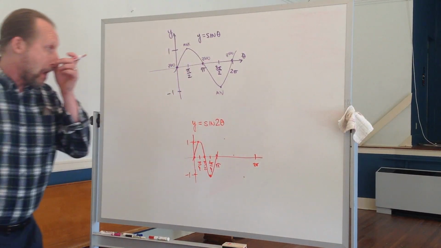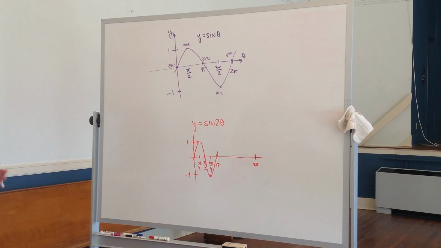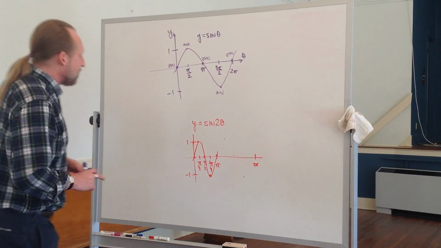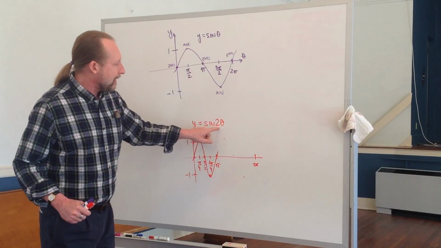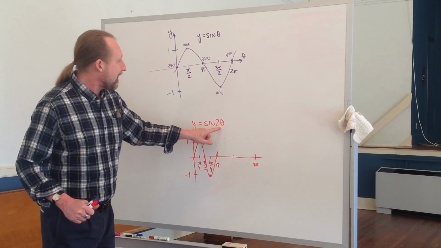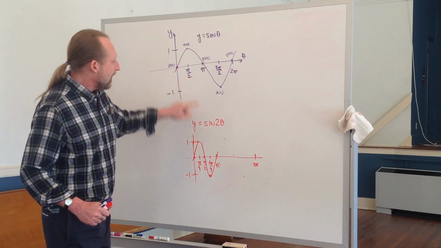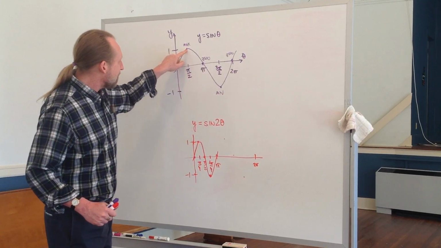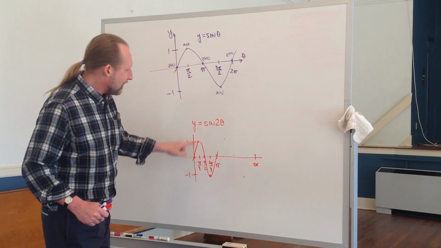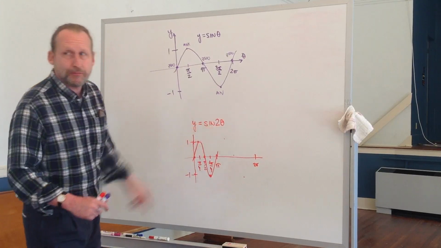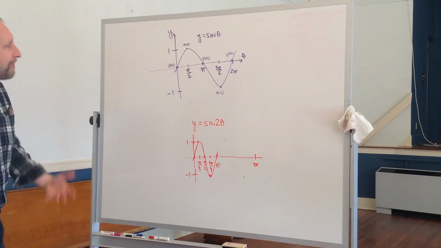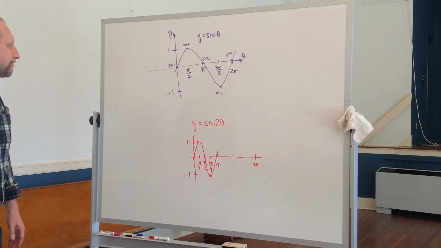Okay? All right. So the reason for that is, if theta is pi over 4, we multiply it by 2. That makes pi over 2. And then we find the sine of pi over 2. That's the maximum value of 1. That's why this maximum value is happening at pi over 4, because that's getting multiplied by 2 before we find the sine. All right?